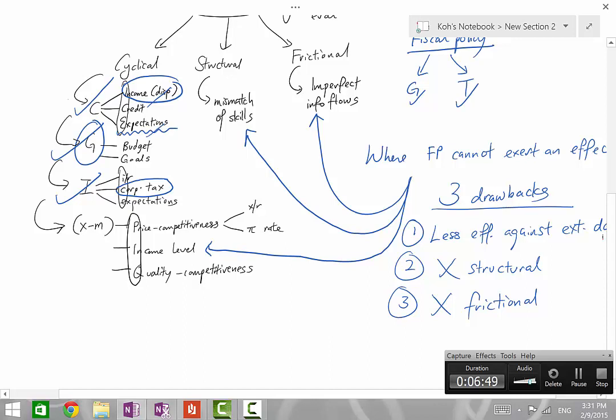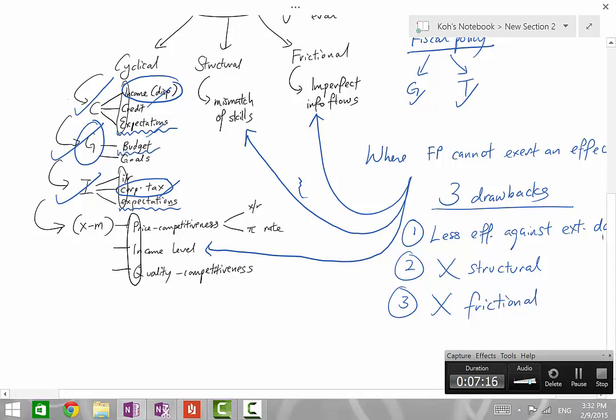Same thing for investment spending. Although fiscal policy can influence the level of corporate taxes and hence affect the level of investment, it also depends on investor confidence. Okay? Finally, while a change in G can increase AD directly, it also depends on the availability of budget.